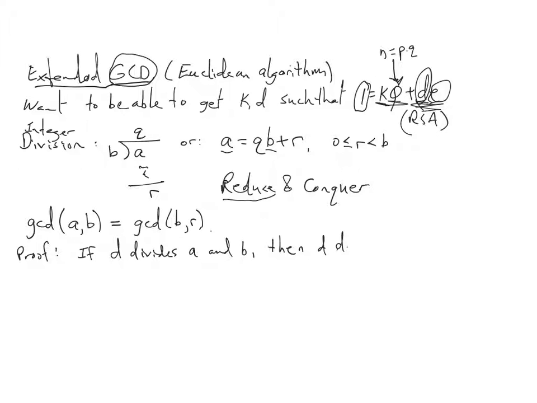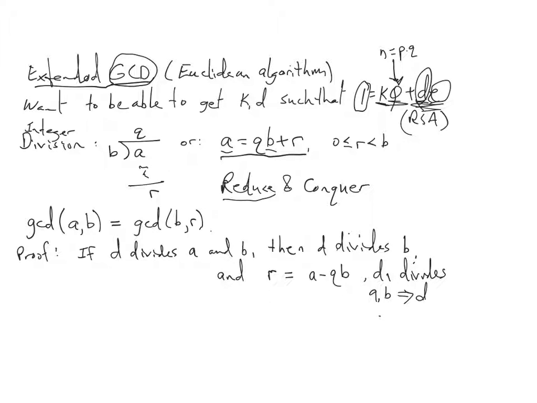D divides B. And since D divides A, R from this fact up here, R is equal to A minus QB. So clearly D divides A and B implies D divides R.